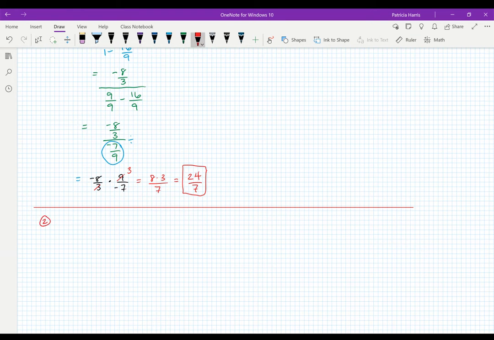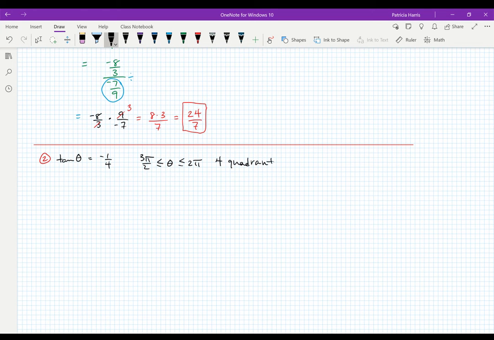Okay, so this is problem 2, and we are told that tangent of theta is negative 1/4, and we want theta between 3 pi over 2 and 2 pi, so that means we are in the fourth quadrant. Okay, so knowing where you live is very important to determine the sign of your trig ratios, because we're going to need sine or cosine here because we are looking for cosine of 2 theta.